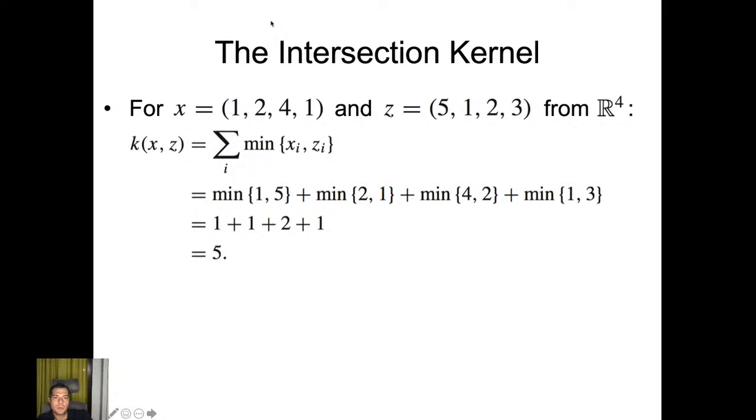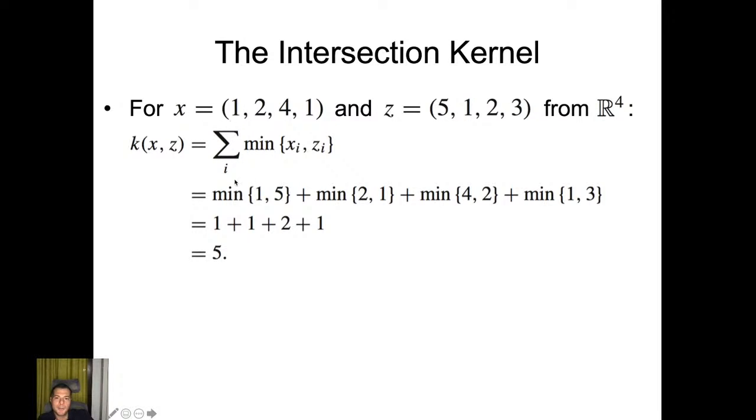Okay, moving forward to the intersection kernel. This is another way to compute a similarity between pairs of data samples. Here we illustrate the example for the values x and z as before. These are vectors from a four-dimensional space. The intersection kernel is computed as the minimum between the corresponding components and summing up these values.